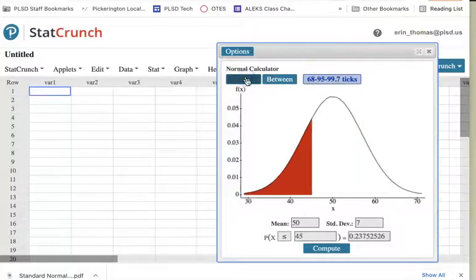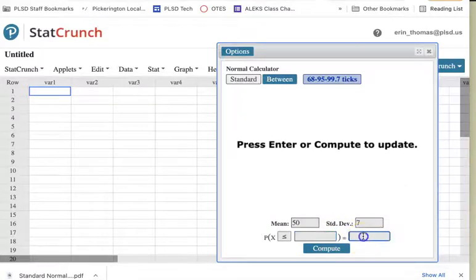So I click back on standard. I want to know what X is when the area is 0.09. So I'm typing the percentile written as a decimal into the area, the rightmost cell, and I've got it on less than in this case.